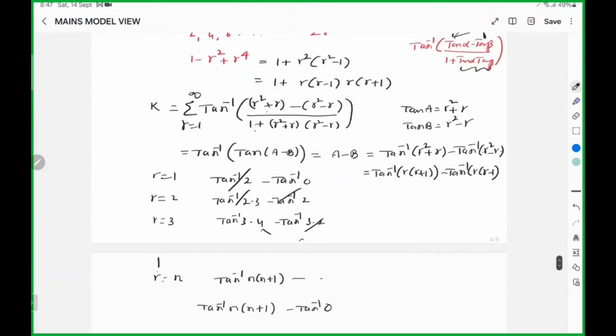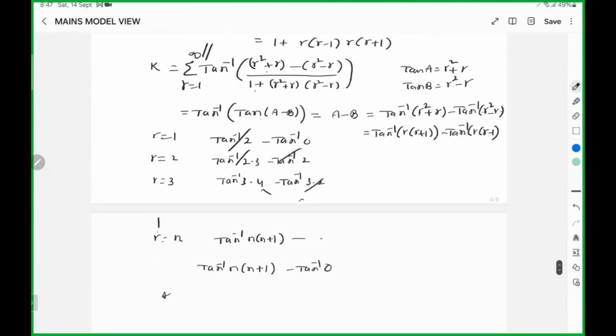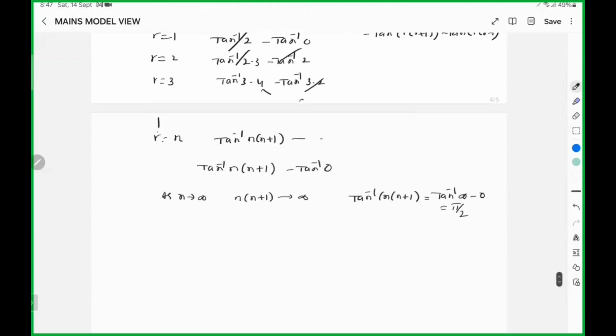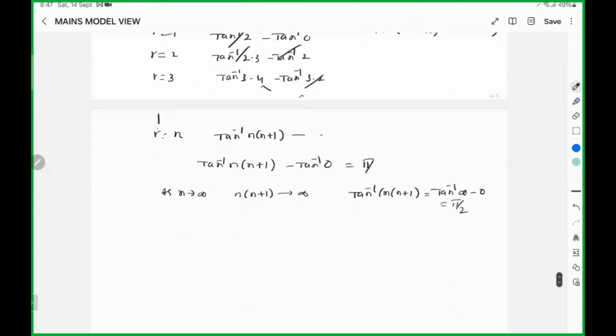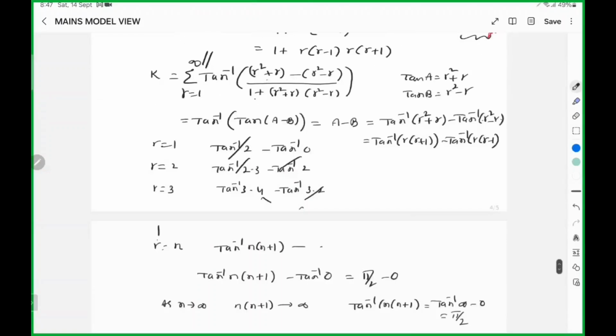But it is said up to infinity. As n tends to infinity, n into n plus 1 tends to infinity, tan inverse of n into n plus 1 tends to tan inverse infinity, which is pi by 2. So finally it is pi by 2 minus 0. So k value here is pi by 2.